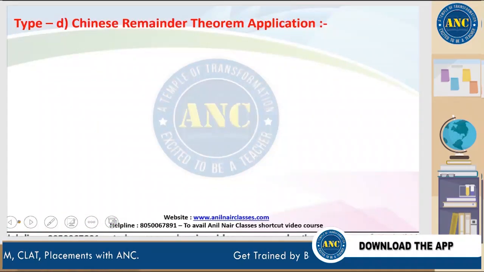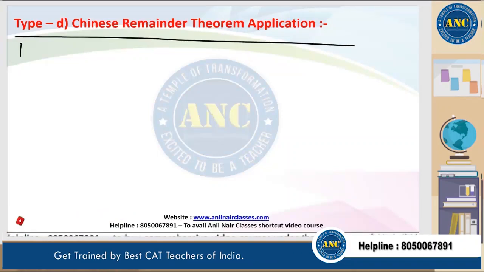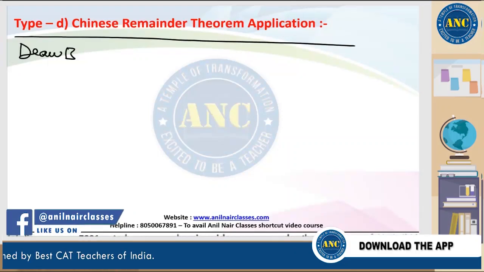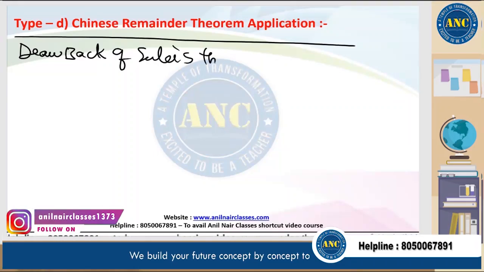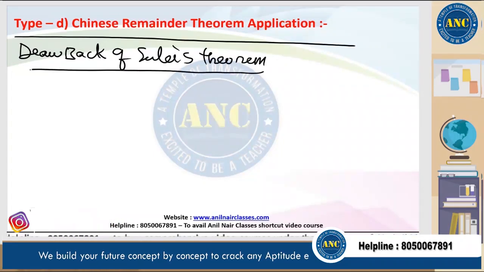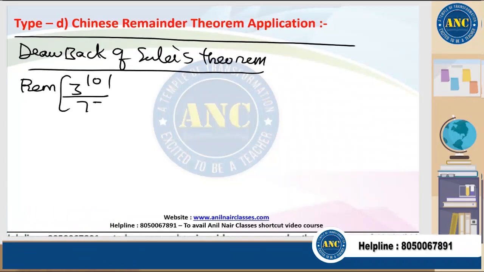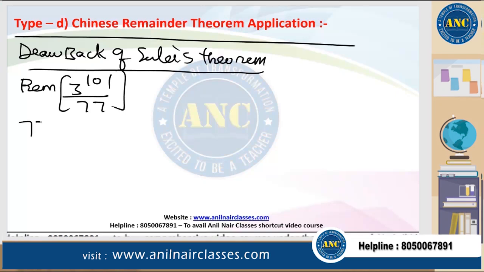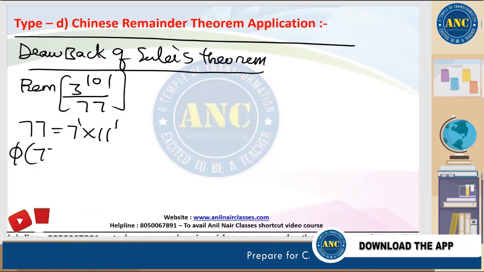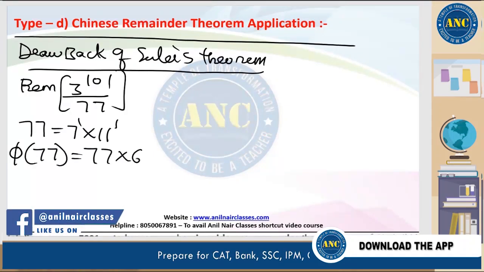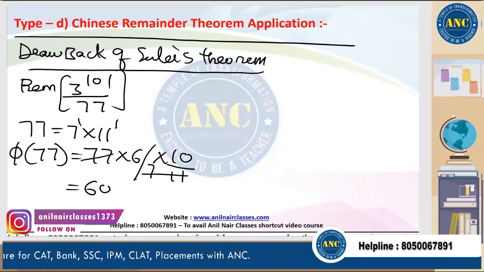Next. Now, what is the drawback of Euler's theorem? Why are we discussing Chinese remainder theorem? Drawback of Euler's theorem. Suppose I take a question: remainder of 3 power 101 divided by 77. 77 is 7 into 11. So phi of 77 will be 6 into 10, which is 60.